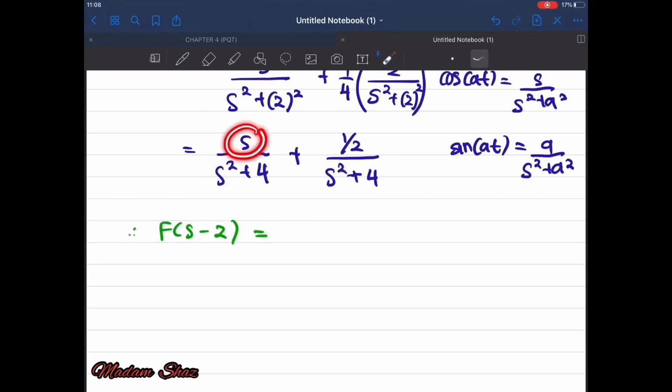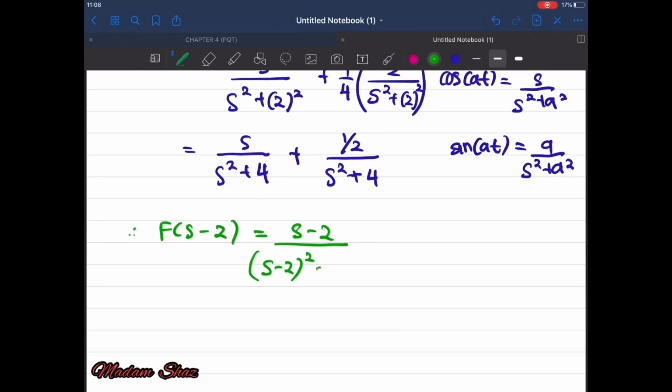So this s will be substituted with s minus 2. So s minus 2 divided by (s minus 2) in the bracket square plus 4.